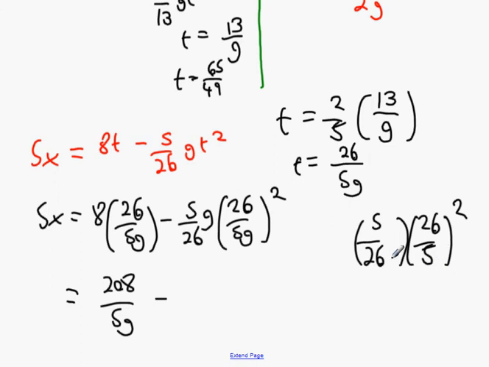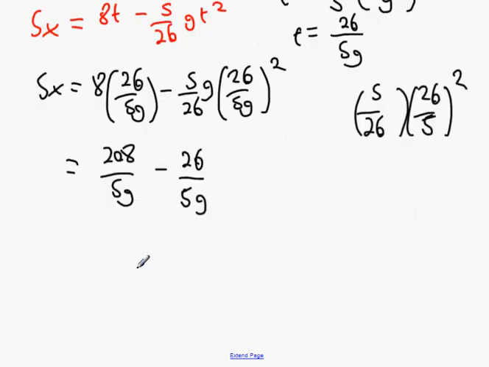Minus 26 over 5g. And that's a g divided by g squared, which is over g. They both have the same denominator, thank God. So 208 minus 26, 182 over 5g. So that's the distance we travel along sx with 2/5 of the time.